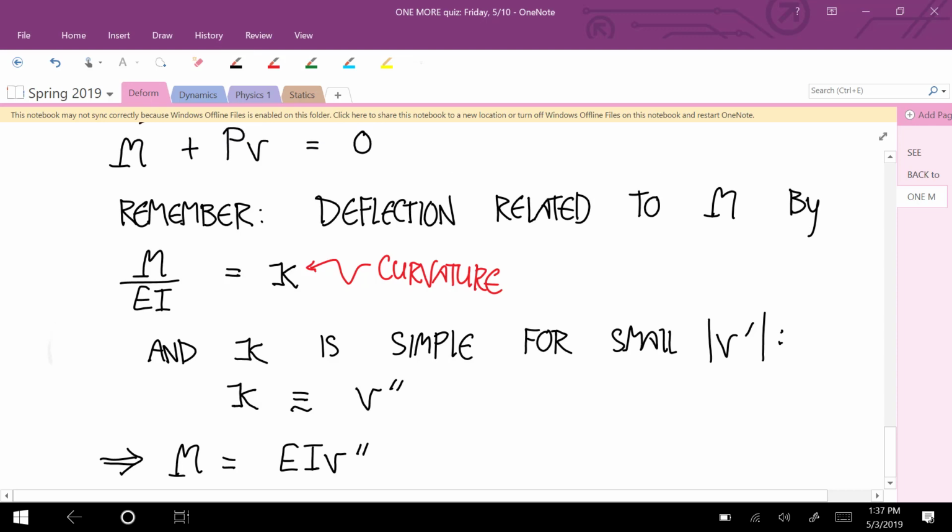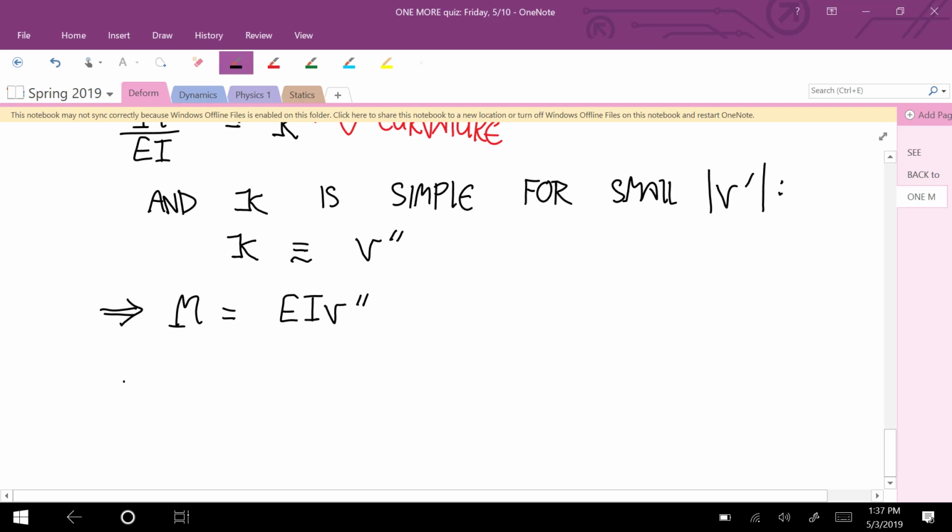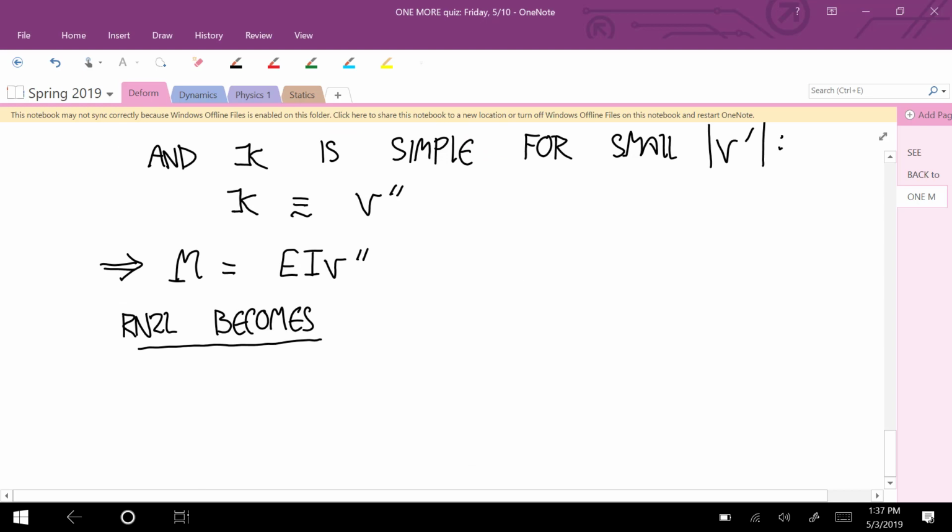And so plug that into rotational Newton's second law, and you get EI V double prime plus PV is equal to 0.